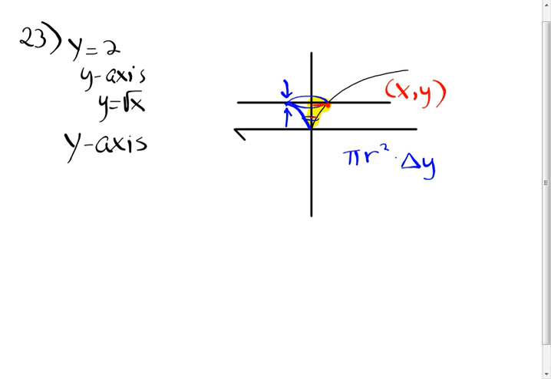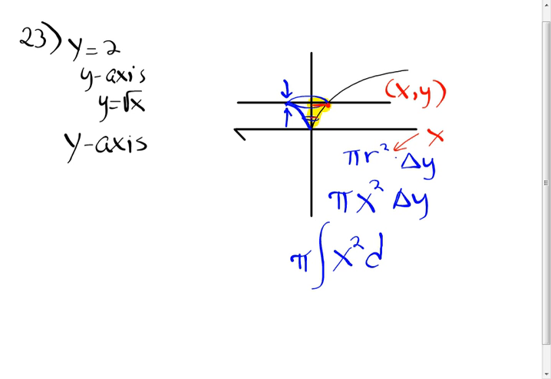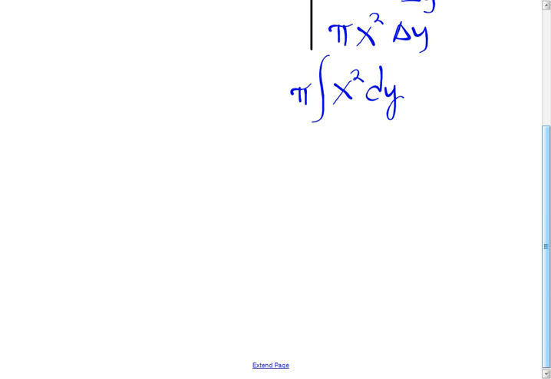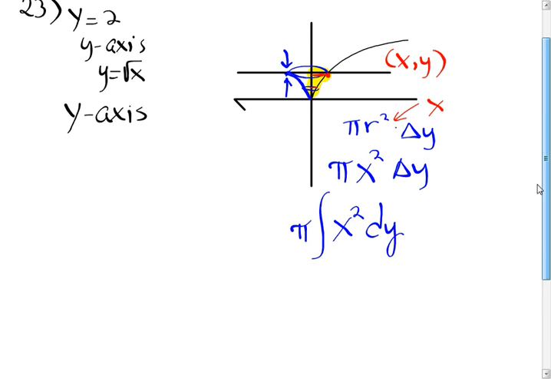X. So this is going to be x. So you're going to have pi x squared delta y, and when you add them all up, I'll put the pi outside, and it's x squared dy. What variable do I want now? I want the y. So what is x?